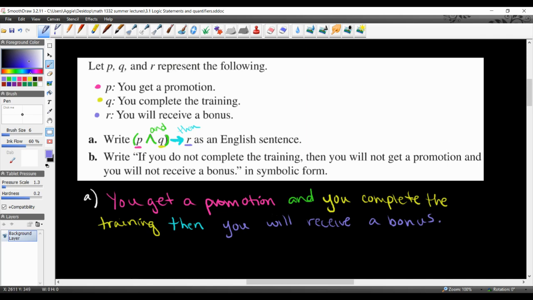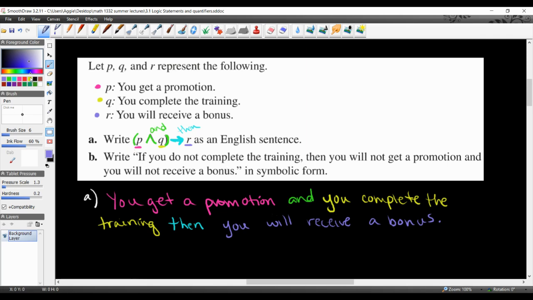Letter B is having us do the opposite. It says if you do not complete the training, then you will not get a promotion and you will not receive a bonus. For this one you have to be careful because we are going to have some more parentheses. The parentheses will be between the two that don't have a connector from the one before. It's best to start as you read it. The first part says if you do not complete the training.